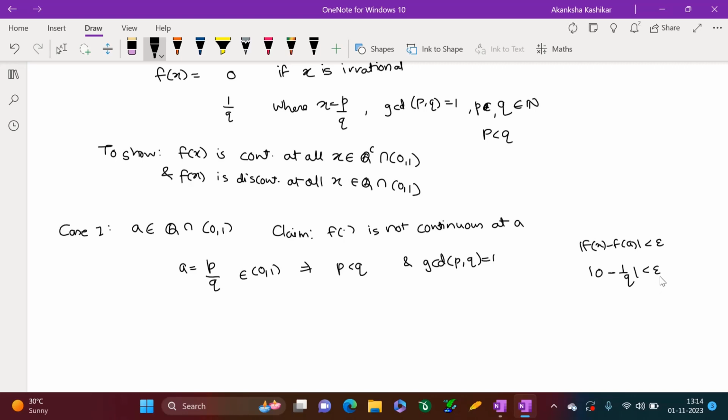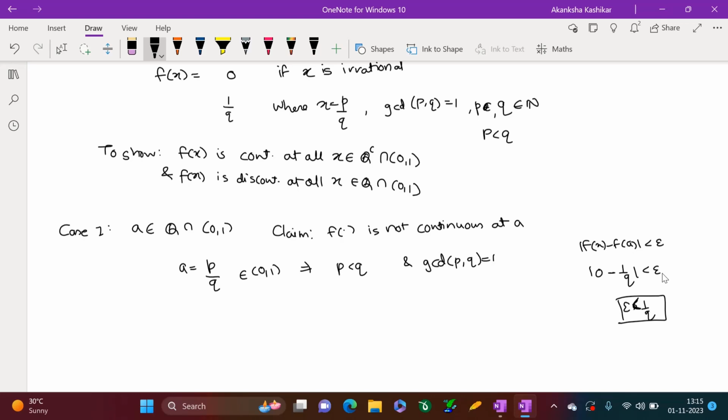But if my epsilon is chosen in such a way that epsilon is less than 1/q, then for those epsilon, I won't be able to make this difference smaller than epsilon for any value of delta, because for any value of delta I will have irrationals in the neighborhood and those irrationals will cause problems.